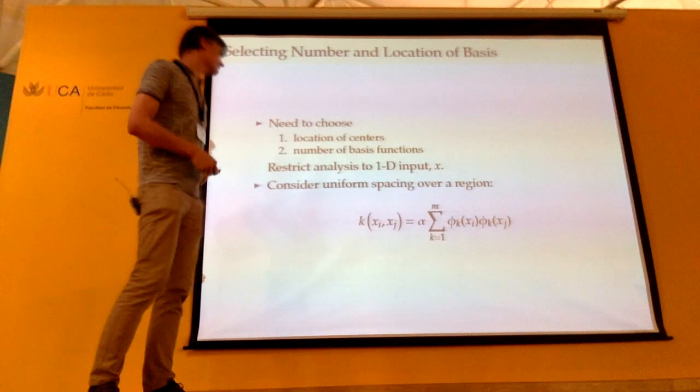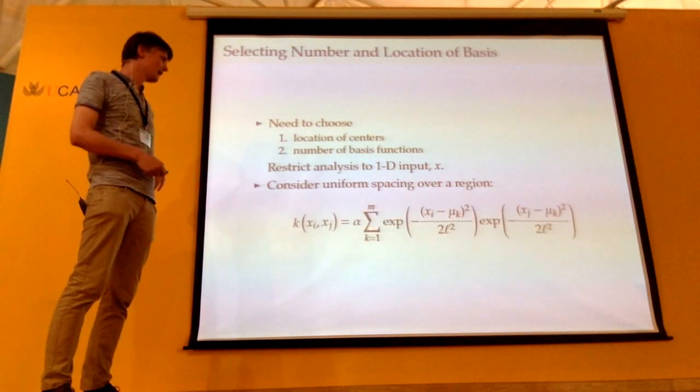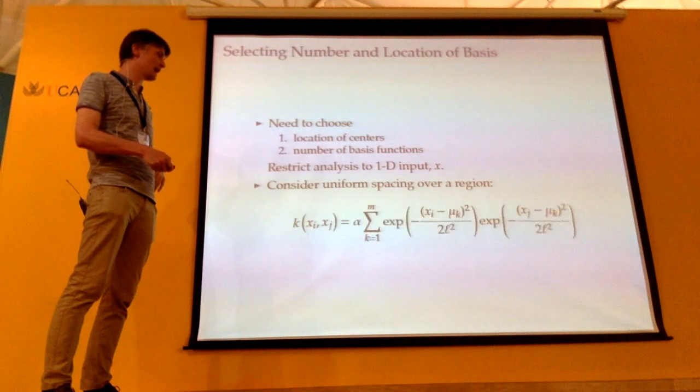Okay, so this is the form of the covariance matrix, and then we can rewrite that as a sum over some exponentials of the basis function in x_i, so it's k(x_i, x_j), times the covariance function in x_j.